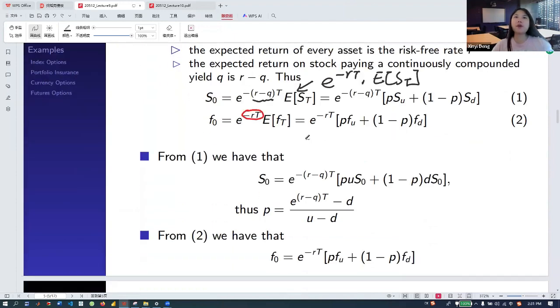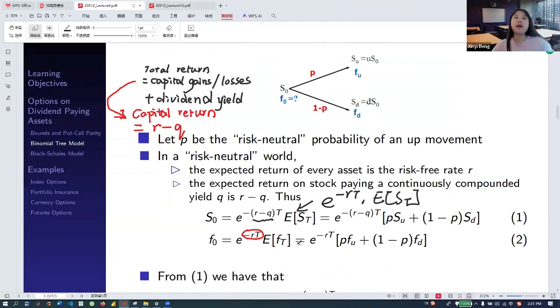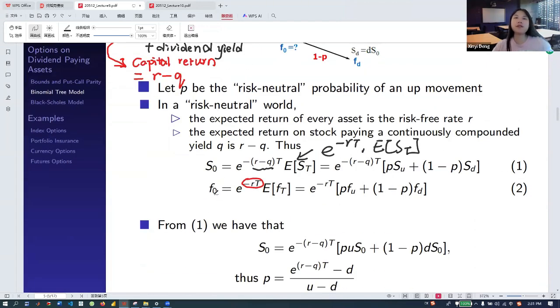We also have another equation for the valuation of the option contract. F here stands for the price of the option. Since we don't know if it's a call or a put, we represent its value with F. So F0 is equal to the discounted version of its expected value at maturity date. Here the R remains the same.